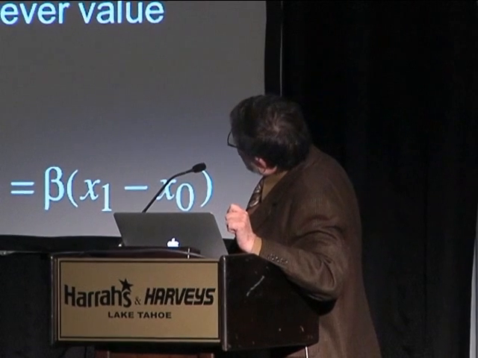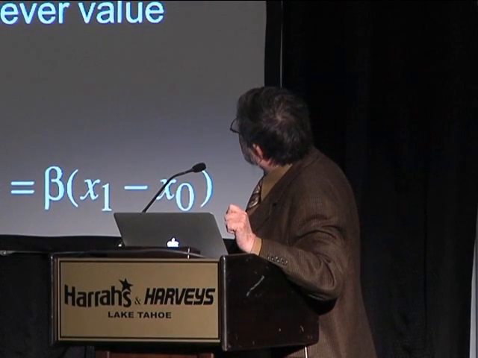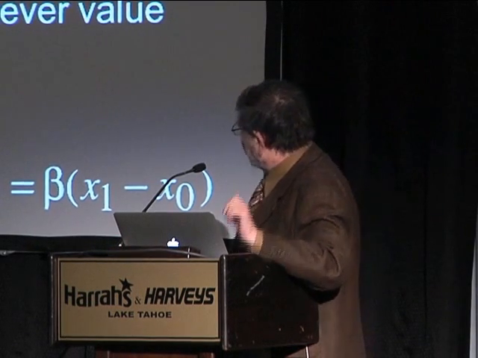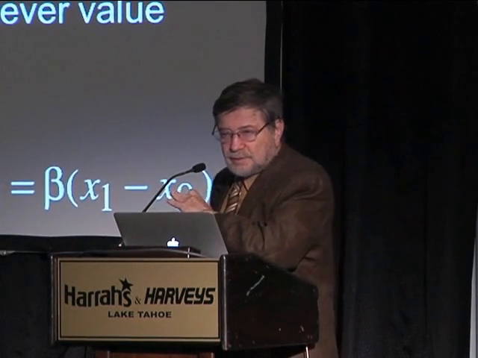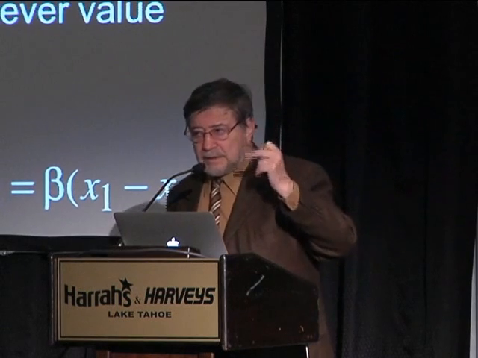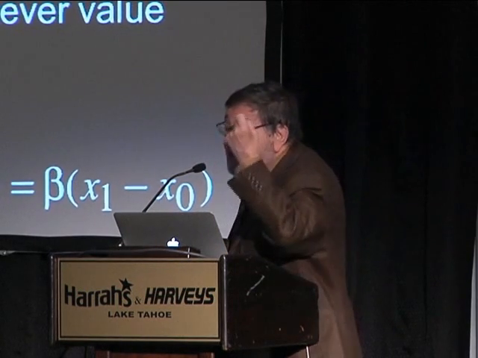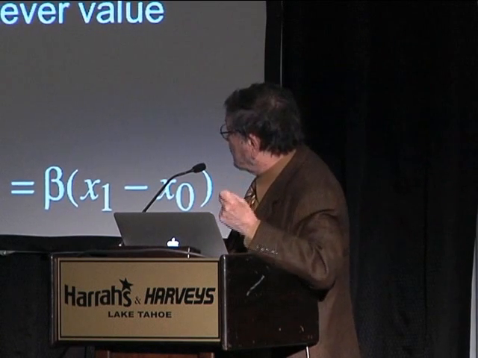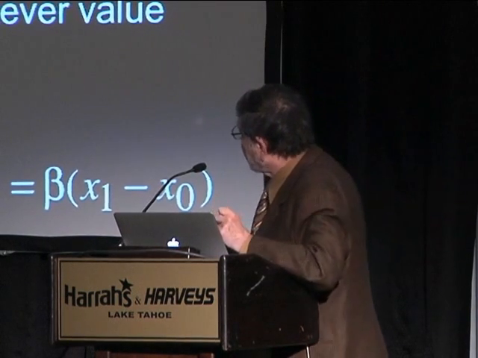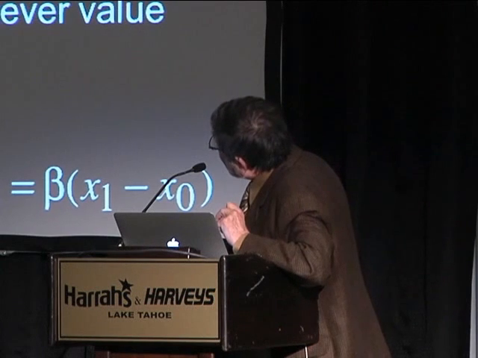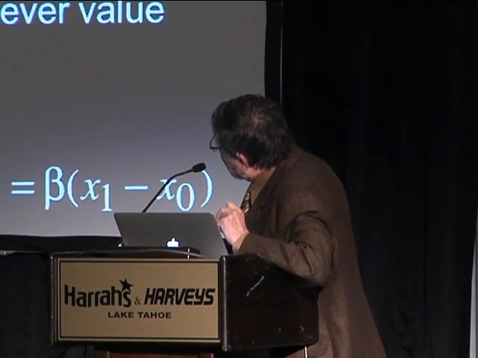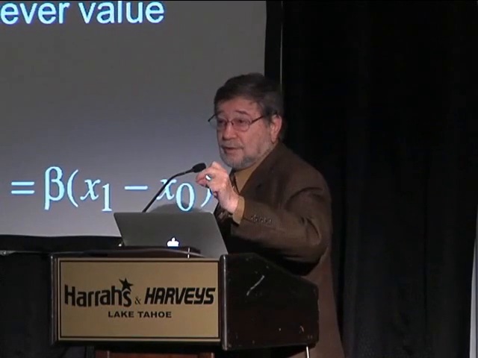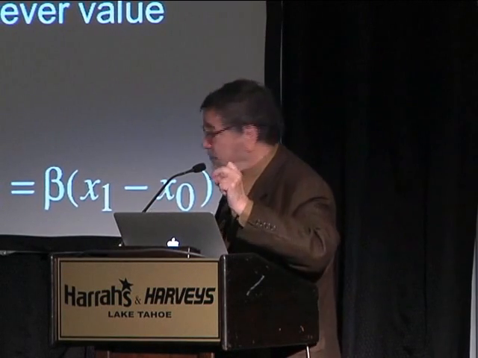So the idea was originated by Robins and Greenland in 1992, but they noticed that this kind, I'll give you the definition soon in a second, is not identifiable even if you have a randomized experiment. And here is the definition. The direct effect of X on Y will be defined doubly counterfactually, with a nested counterfactual.